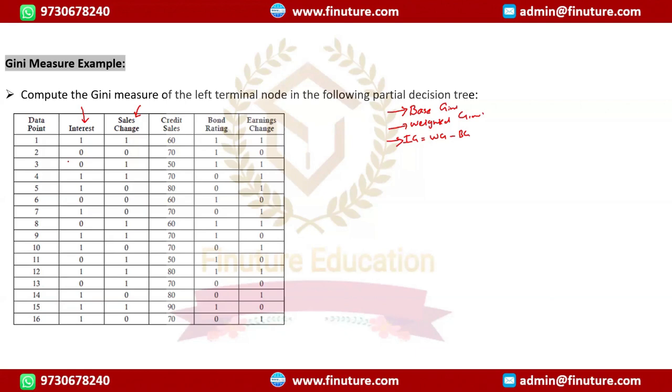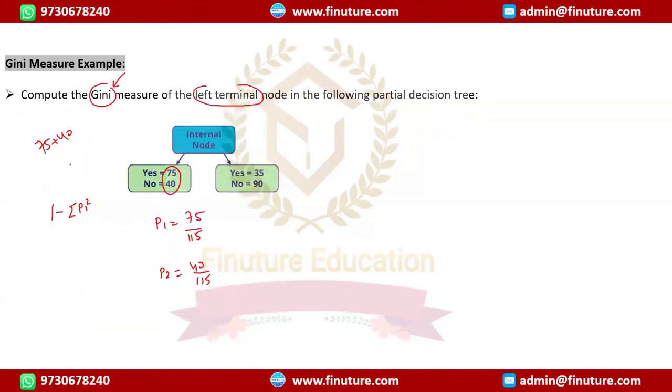So 1, 2, 3, 4, 5, and 6. So out of 16 firms, these 6 firms do not have interest obligation, and the remaining firms have the interest obligation. Now we'll apply the same formula that we saw yesterday.